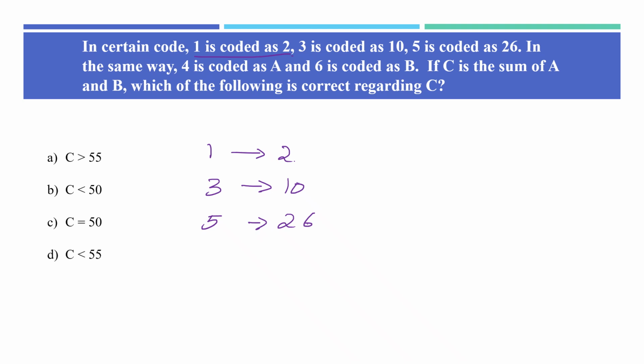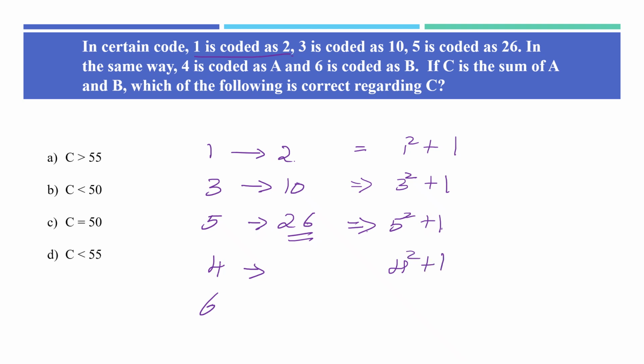Okay, I have the pattern here. 26 can be written as 5 squared plus 1, I believe. It's 25 plus 1. In that case, 10 can be written as 3 squared plus 1, and 2 as 1 squared plus 1. So now we are talking about 4 and 6. 4 can be coded as 4 squared plus 1, which is nothing but 17. The same way 6 can be coded as 6 squared plus 1, which is 37.